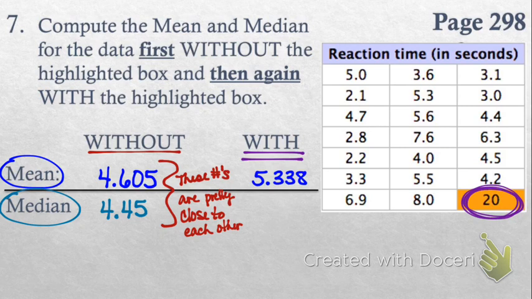Does anybody have the median or the middle number here? 4.5. Are these as close together as when we didn't include that 20? These are farther apart.